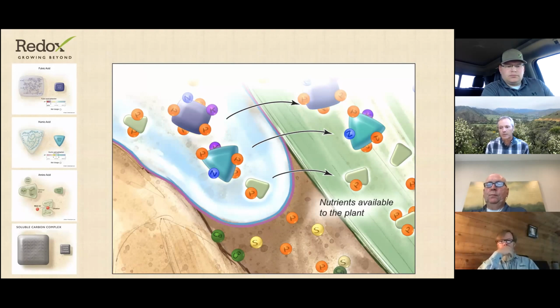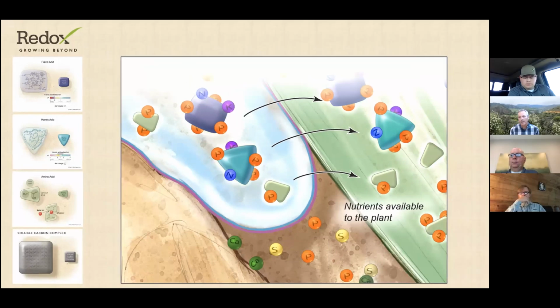And you'll often hear us talk about Redox products as reacted products. The most common of these carbon sources are on the left of this slide here: fulvic acid, humic acid, amino acids, and a range of soluble carbon complexes. The reaction results are what is depicted in the larger panel.